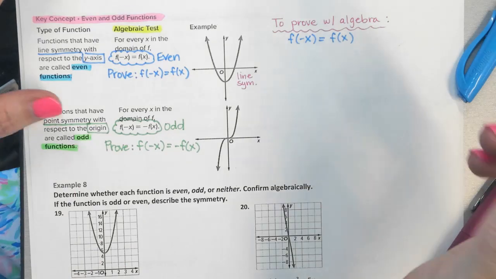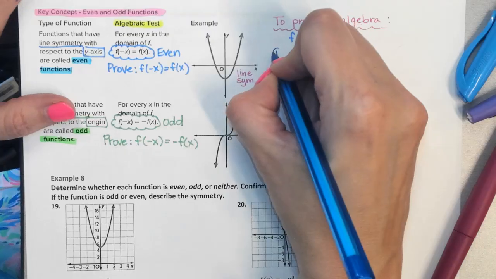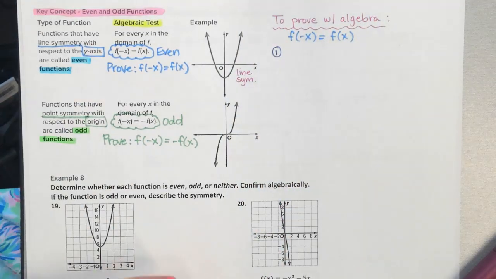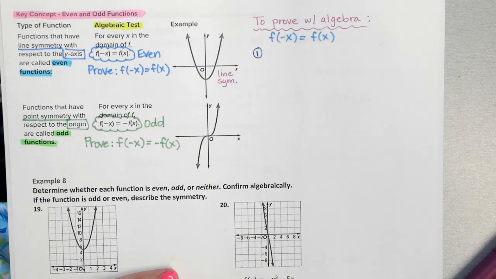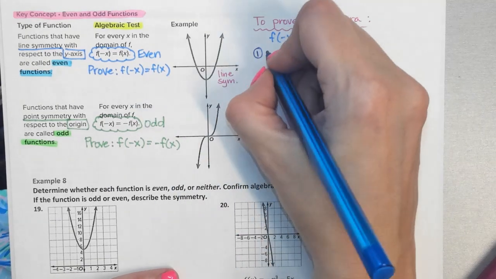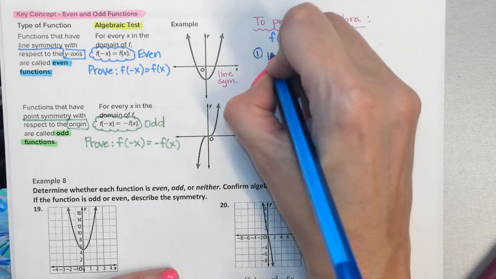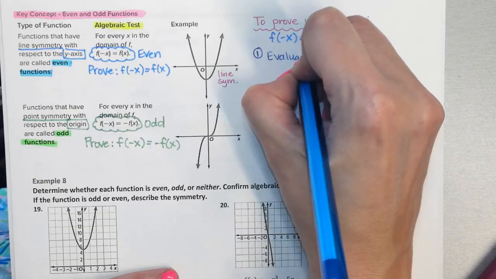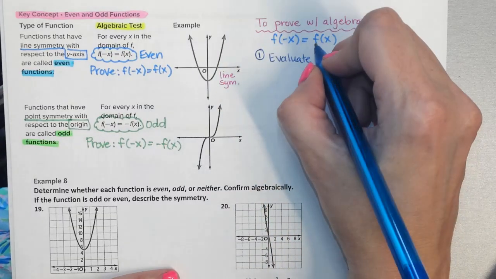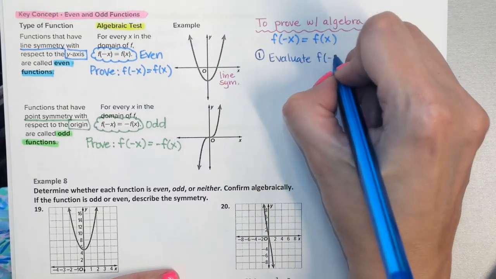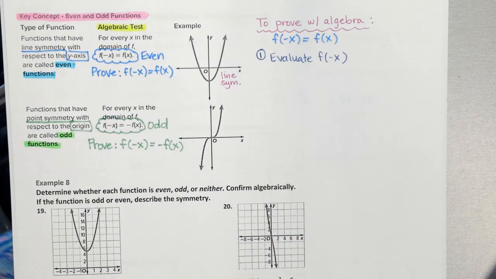We're going to do that in 2 steps. The first step is we are going to evaluate f of negative x. Okay, we are going to evaluate f of negative x.